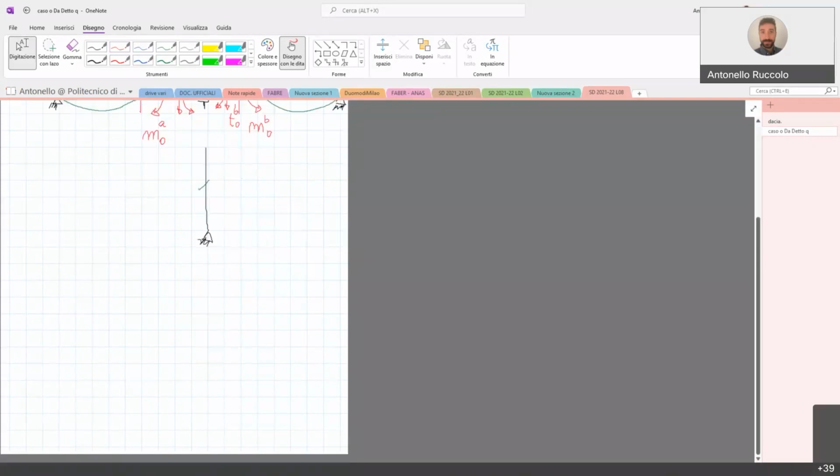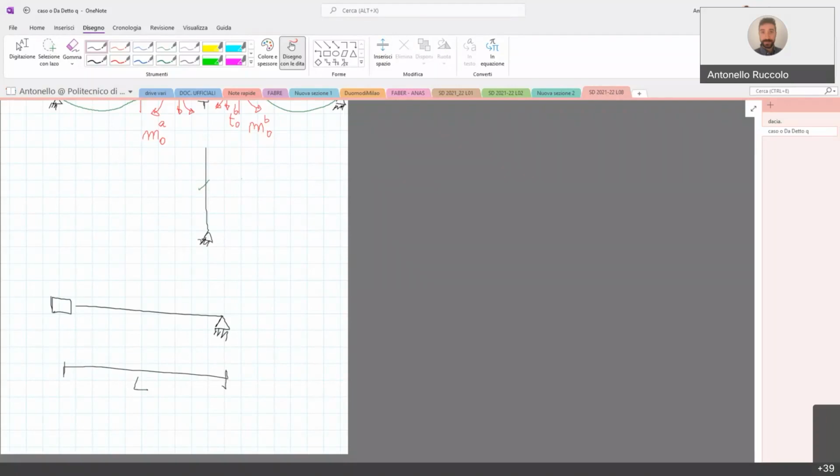Well, we can use, as you have already seen with Professor Gentile, the known cases. So we have a generic beam. So here we will use the stiffness coefficients, which are similar in principle to the flexibility coefficients.